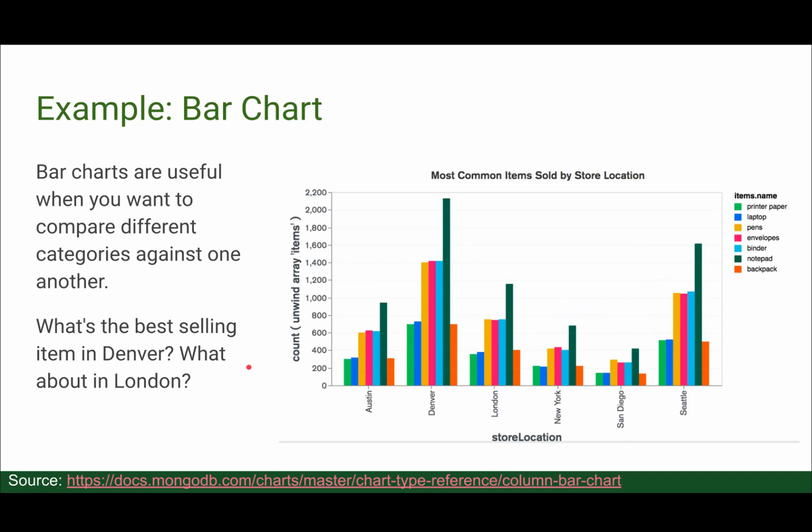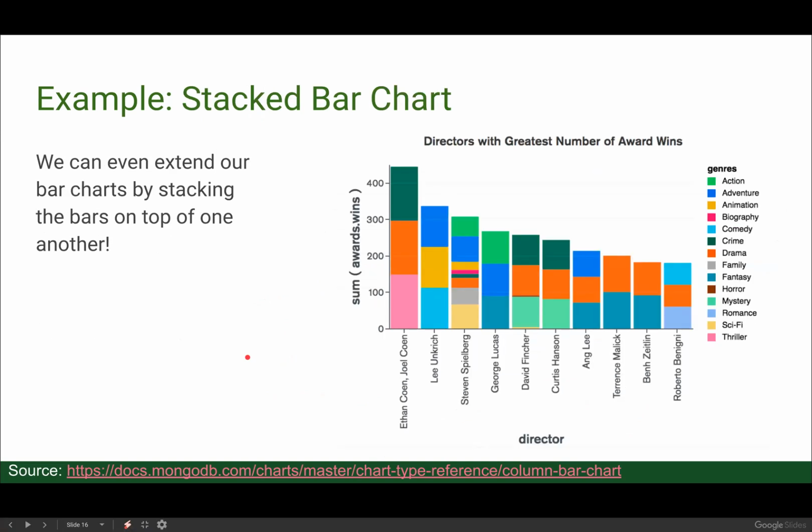A slight variation on bar charts are stacked bar charts, where instead of having all of our bars side by side, we can have them on top of each other. So in this graph, we see the different film directors with the largest number of award wins. And the different colors are representing different genres of film. We can see that Ethan and Joel Coen have won the largest number of total awards, but they only have 3 colors.